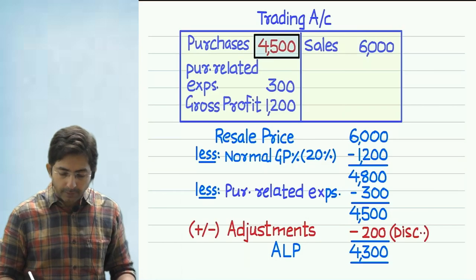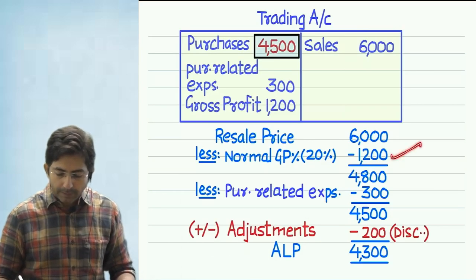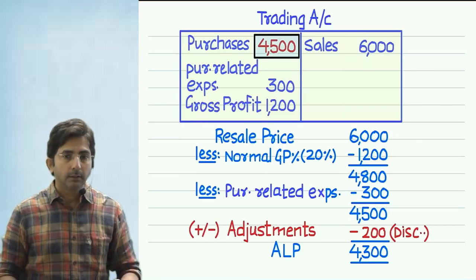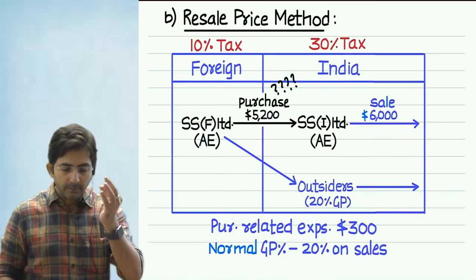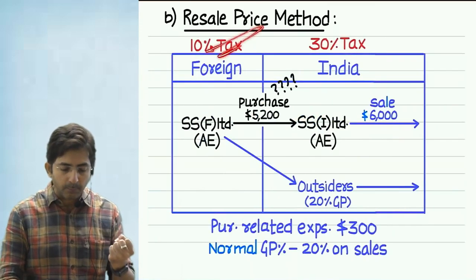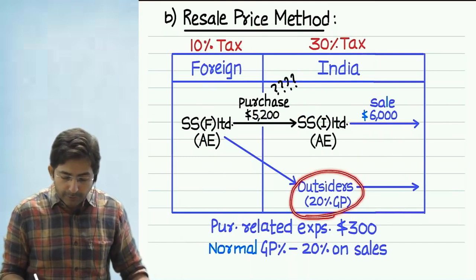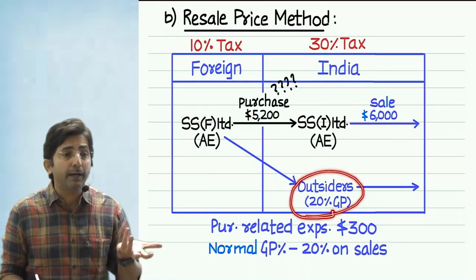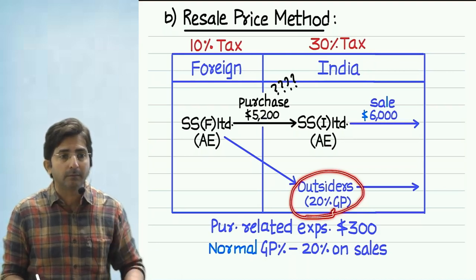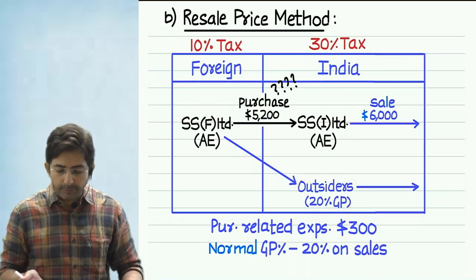Based on that 20% GP, we could arrive at the true price. Did you notice what was the main thing in resale price method? That GP margin. Imagine if this GP margin wouldn't have been there, how will you find out the ALP? It's difficult. This is what we did in this sum, right?